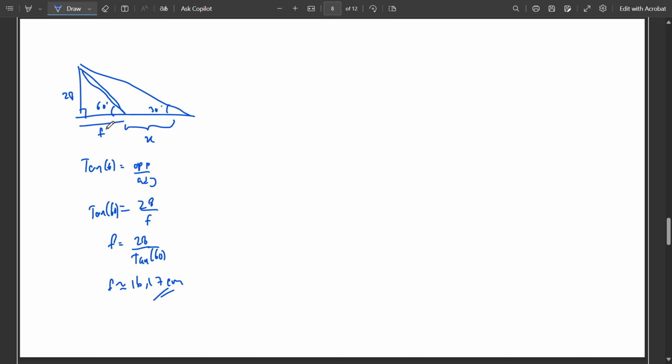Well, we found f. Now we need to find our total length here. The total length of the big triangle. As you can see, there are two triangles here. The one with 60 degrees and the one with 30 degrees.